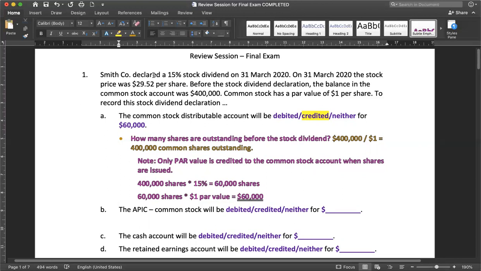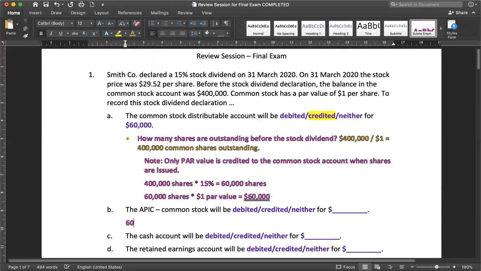And the fair value is $29.52 per share. So we know that they are issuing 60,000 shares, and additional paid-in capital is going to be credited for $29.52, which was the market price when the dividends were declared, minus $1 par value.